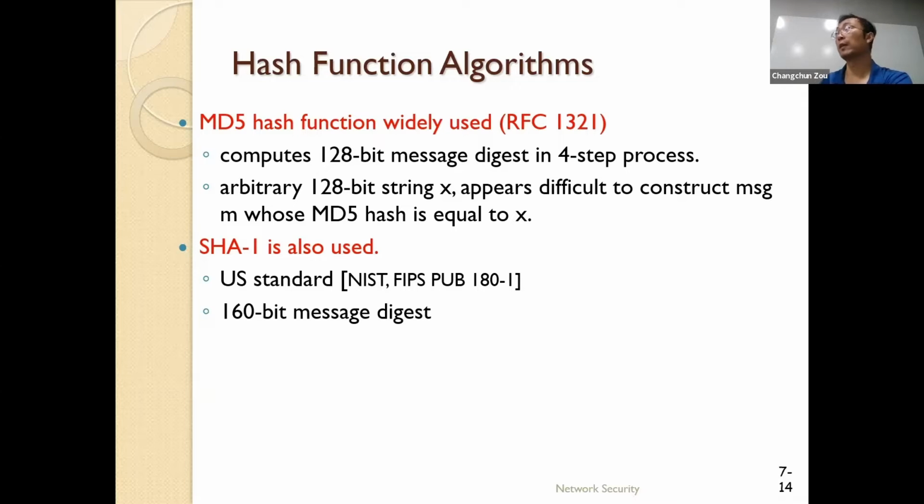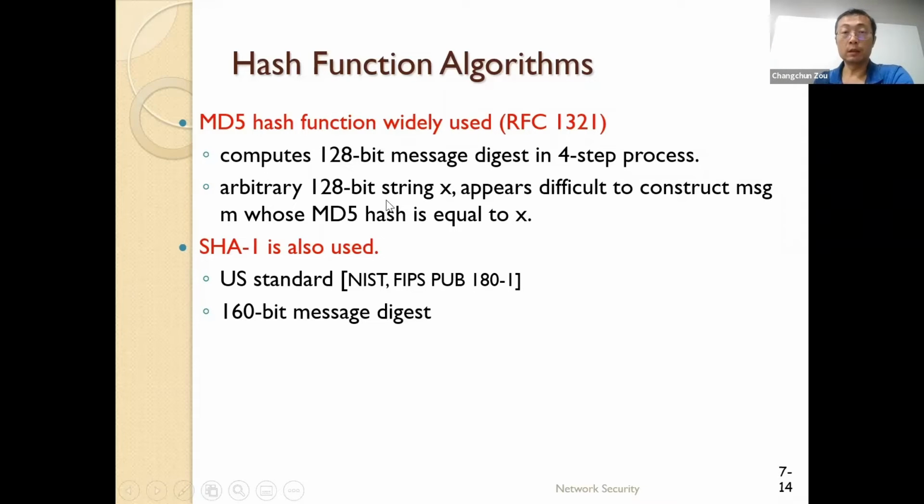For a several gigabyte video, the MD5 hash value is also 16 bytes. The design of MD5 is very similar to DES. You can think that DES is the foundation for any kind of symmetric key cryptography. The only difference between MD5 and DES is that DES needs another input, which is the encryption key. But MD5 has no encryption key input. The only input is a message, the plain text.